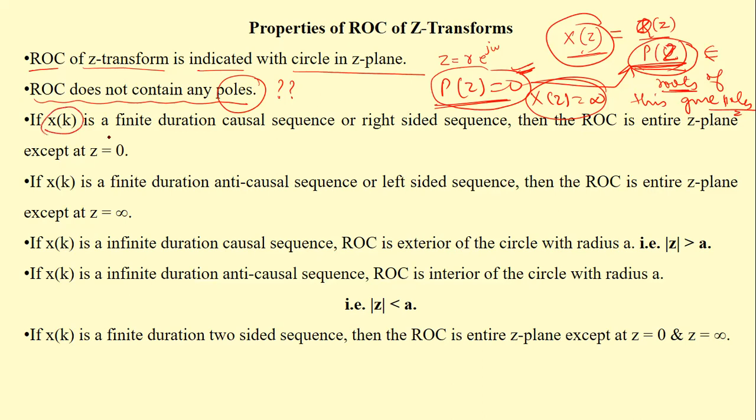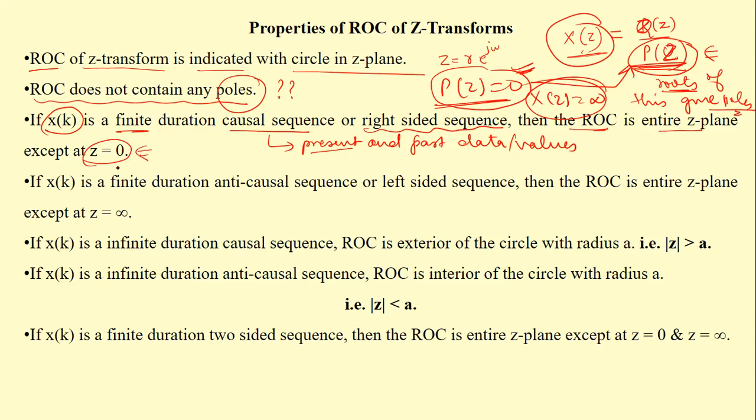Then if the given sequence is a finite causal sequence, a causal sequence is the one which contains the present and past data. So the causal sequence depends upon the present and past data or values. It is also a right-sided sequence. In this case the region of convergence will be the entire z plane except z is equal to 0.